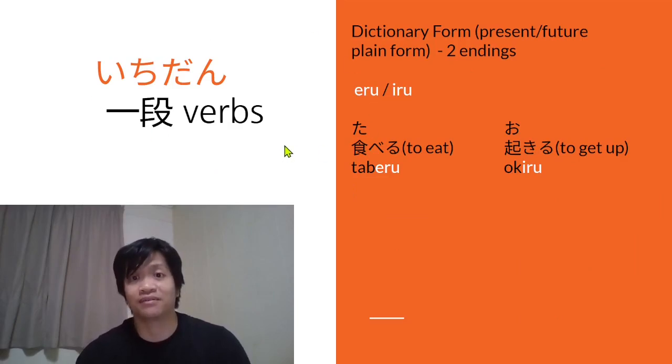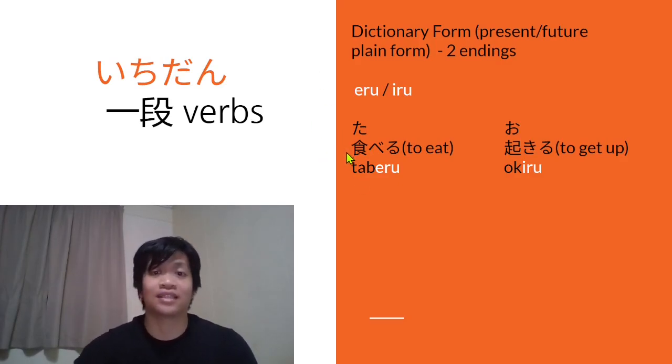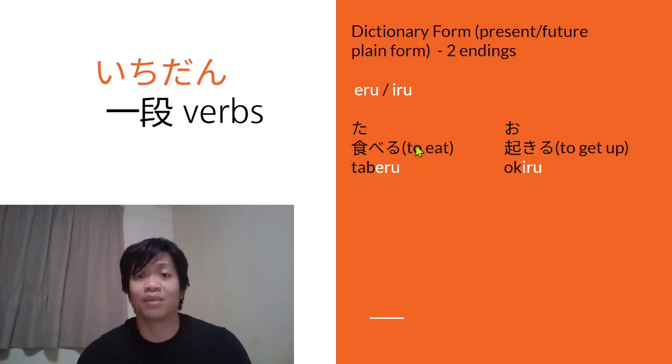So for ichidan verbs, we're taking a look at the dictionary form, which is the present future plain form. The ichidan verbs have 2 possible endings, eru or iru. So when I say that, let's take a look at an example. You have, for example, taberu, to eat.